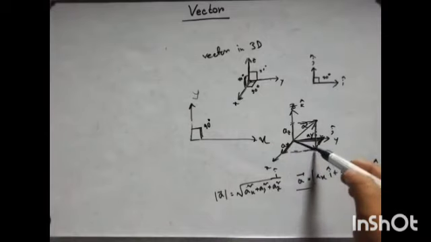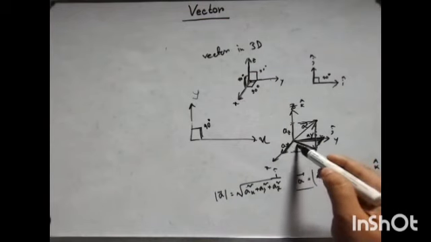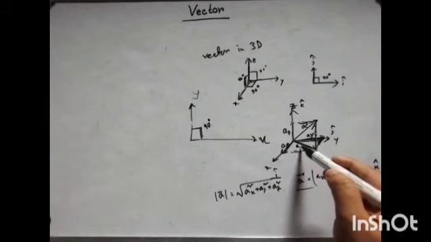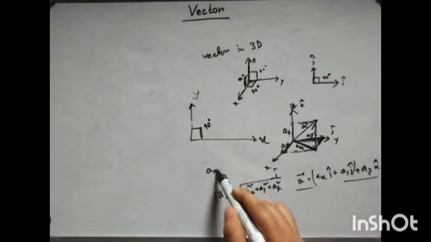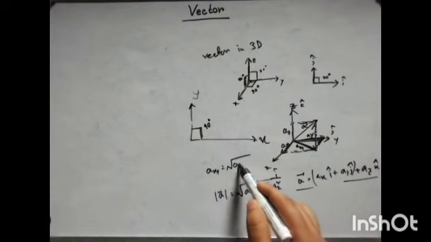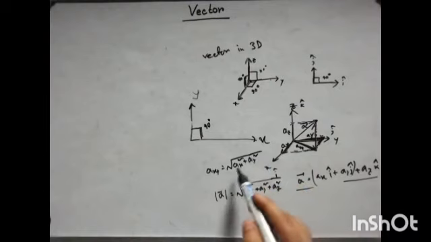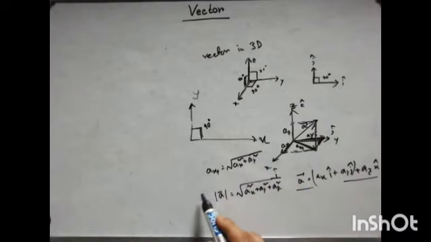Because this magnitude, suppose this is axy, then axy will be root over ax square plus ay square.